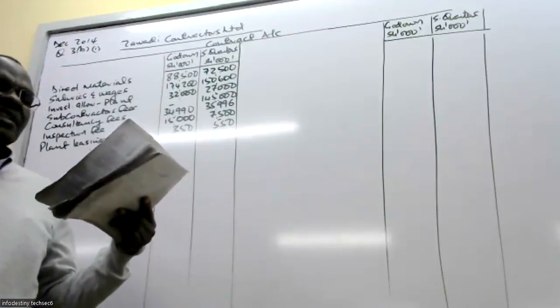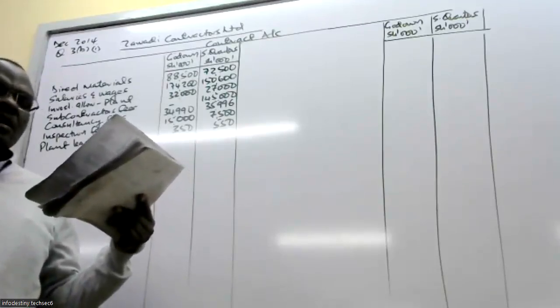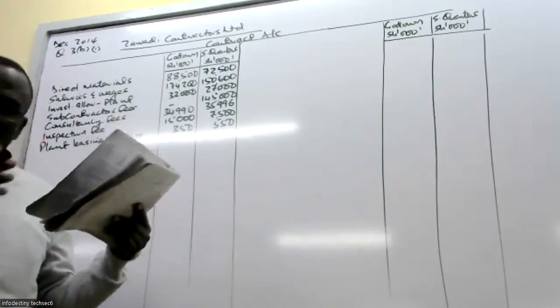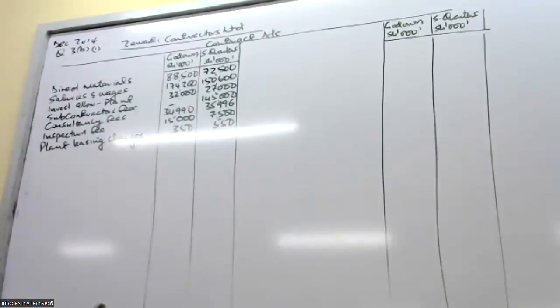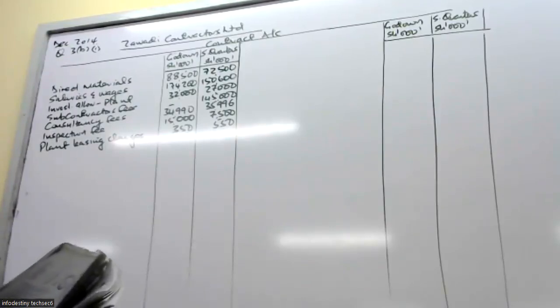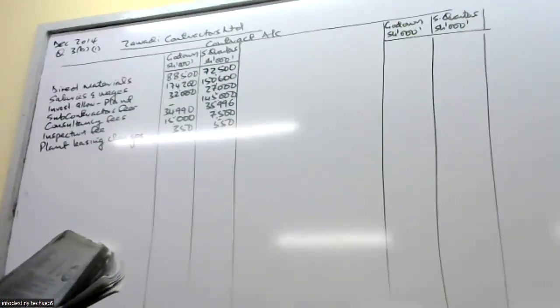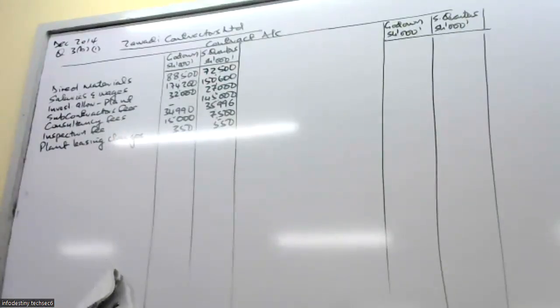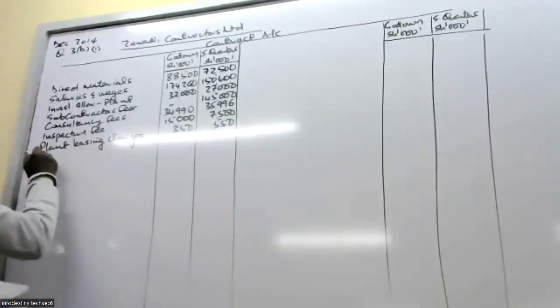Then note 2 says direct expenses accrued and not reflected in accounts was 300 as of January for the godown and 2,000, then 500 as of 31st December for the godown. So we add 500 as of 31st December for the godown. So that's 4,200. So direct expenses.